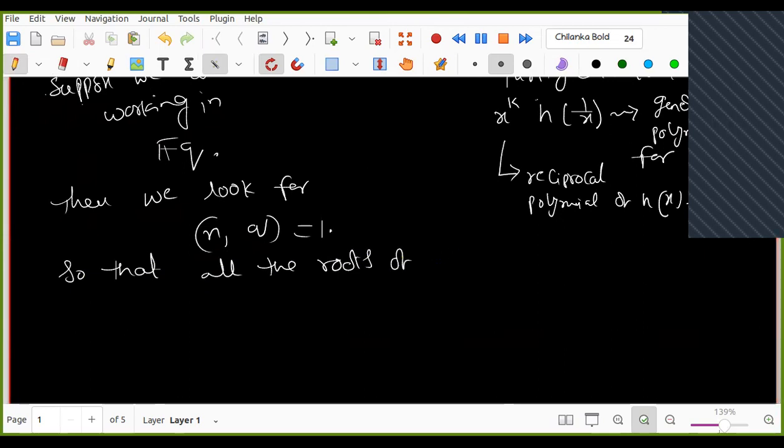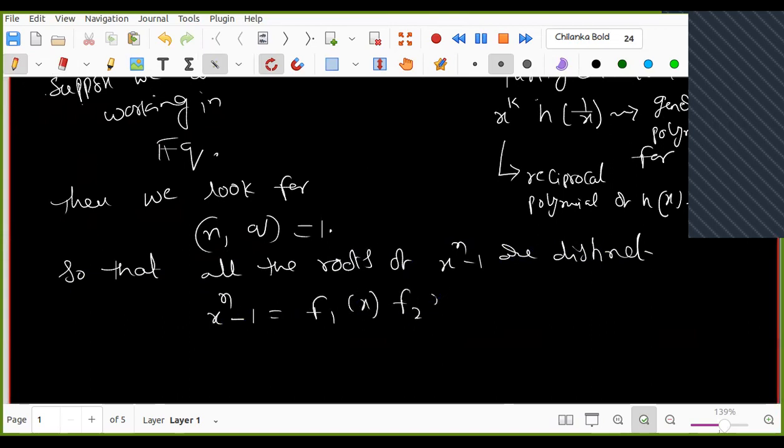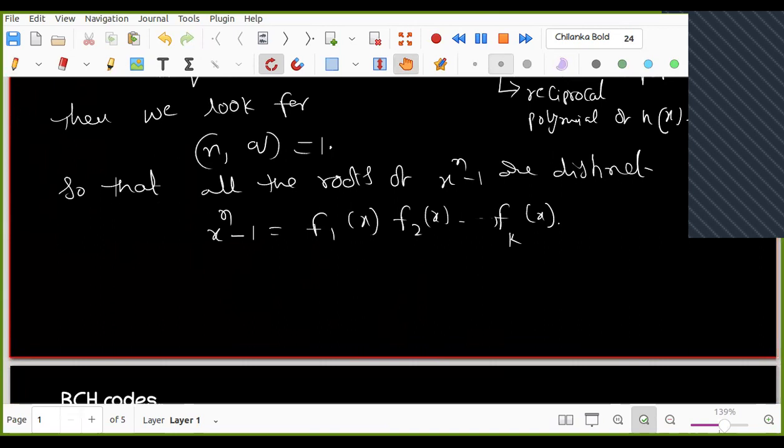Then x power n minus 1 can be written as f1 of x into f2 of x and so on up to fk of x. Then how many generator polynomials can be constructed?